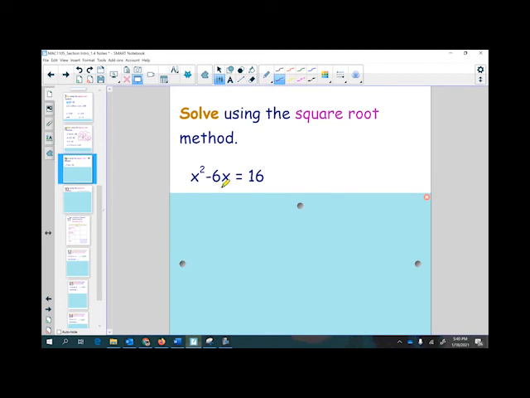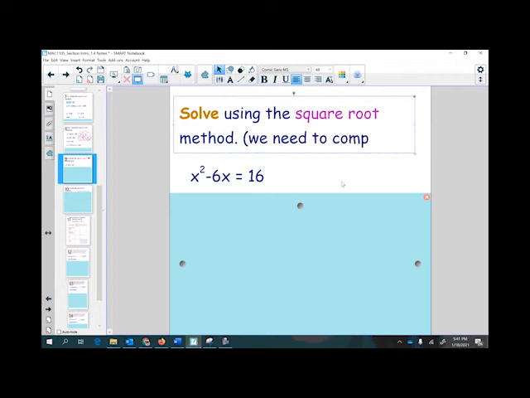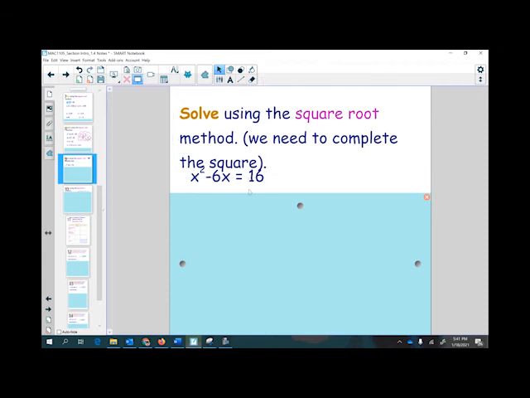But what I can do is force it to be a perfect square trinomial so that I can rewrite it the way I want it. And this method is called completing the square. So this is an example in which we need to complete the square first, right? So you're going to force it to be a perfect square. We don't always have to do that.